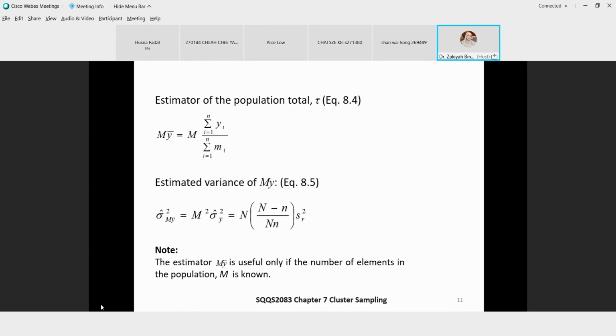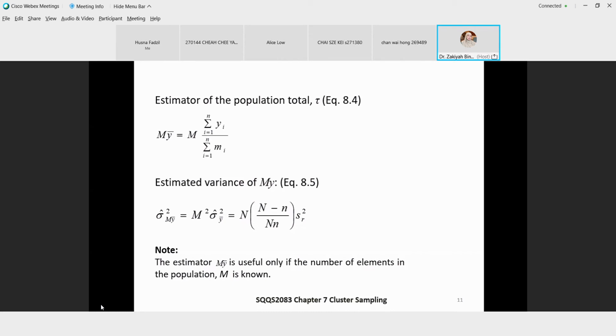Now, the estimator of the population total, or tau, is given by this expression. It's also similar, but now you have the capital M there, whereas in all the previous chapters it was the big N. Now you have capital M for Malaysia there.